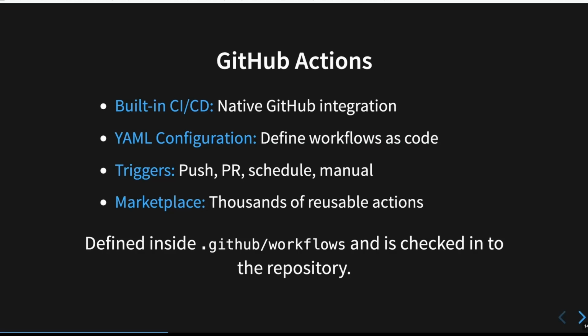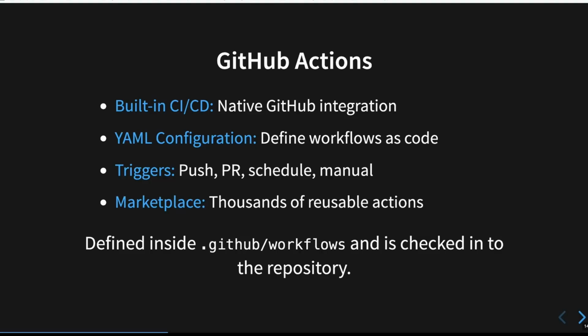We can also trigger GitHub Actions when an issue or ticket is opened by users. One good thing about GitHub Actions is it has a huge marketplace of reusable actions. We can see these in action in the workshop as well.